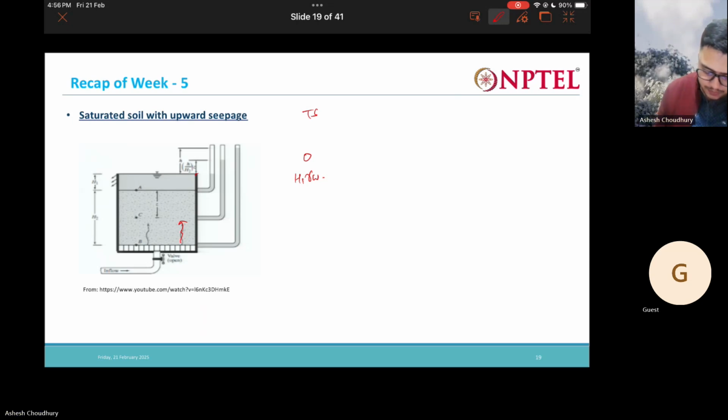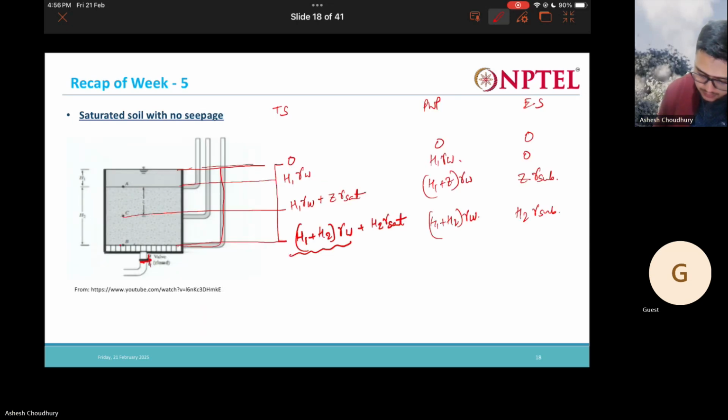Then h1 gamma w plus z times gamma sat, and in the end we have h1 plus h2. Yeah, this one, that's what I was thinking. This is h1 gamma w plus h2 gamma sat. Okay, so that's why I was confused.